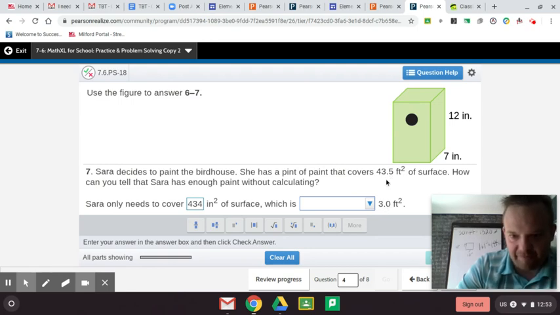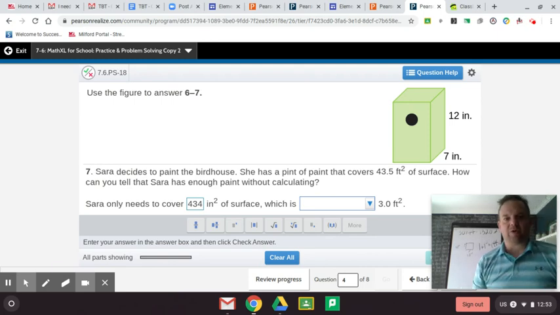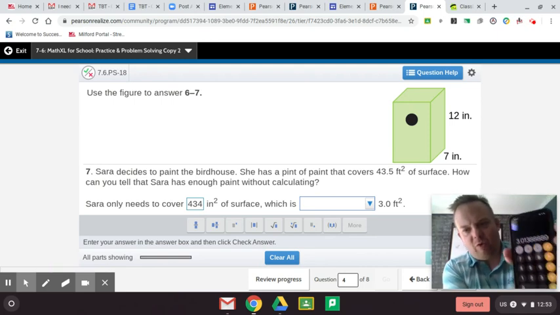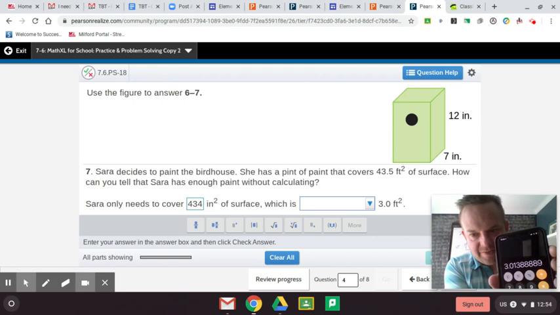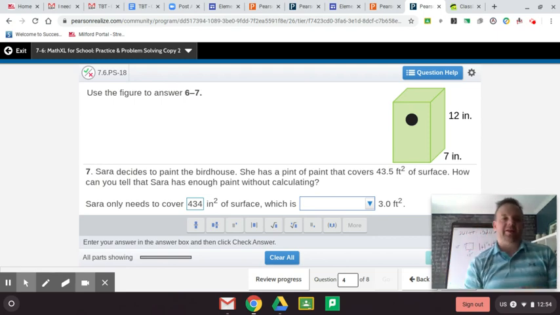Okay, so 434 divided by 144, because there's 144 square inches in 1 foot squared, equals this right here, 3.013888889 when rounded off.